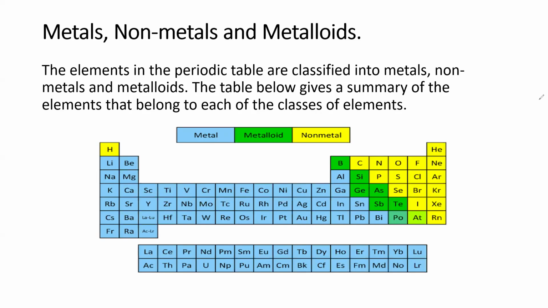All these are non-metals. Then you will see a zigzag pattern demarcating the metals from non-metals. That zigzag pattern is where you will find the elements that share some properties of metals and properties of non-metals.